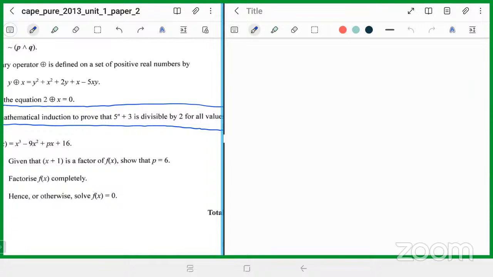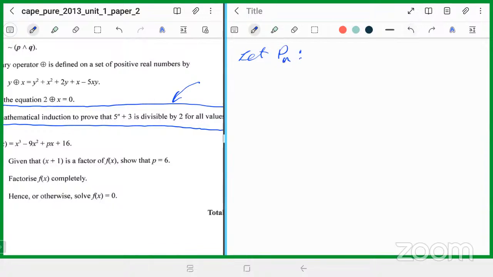So we normally start out that way to write a statement, representative of this, which is to say, let the statement be Pn, so we can reference this statement.